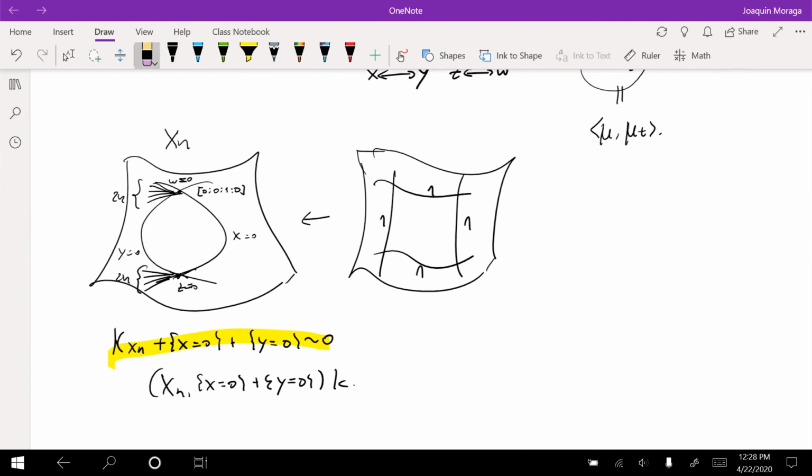Right, so now you have two end lines here and two end lines here. So let me be more careful with my two end lines. But actually it's an equivariant morphism.